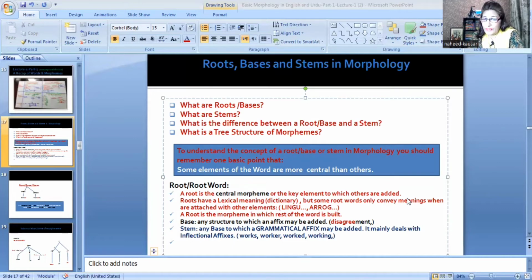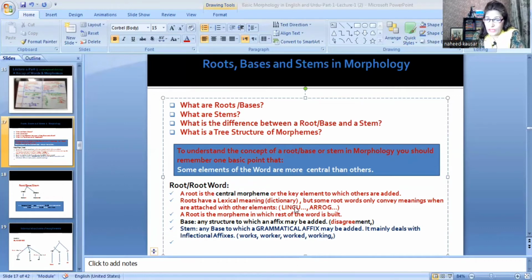Roots have lexical meanings. If you look up their meanings in the dictionary, you will find that the meanings are available there also. And they work independently, they can stay on their own. But at times we see that there are certain root words which convey meaning only when they are attached with some other elements.